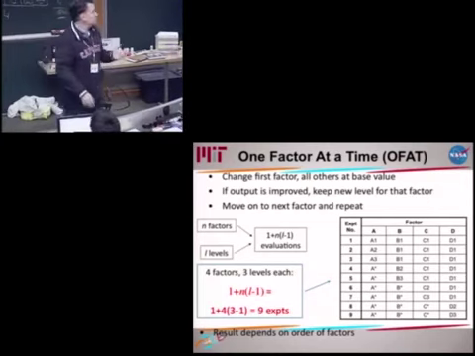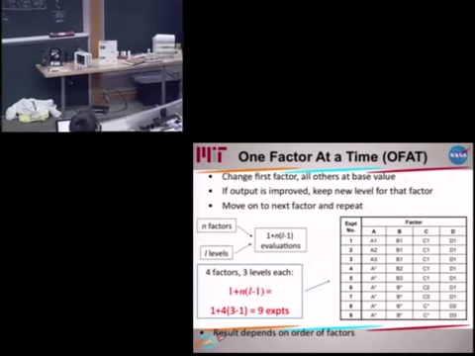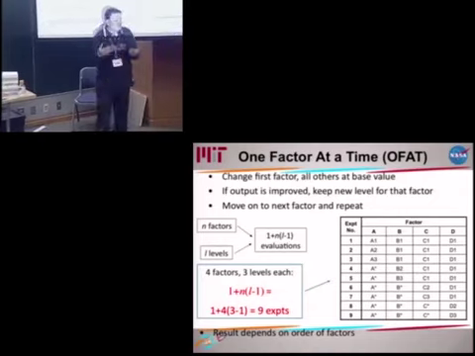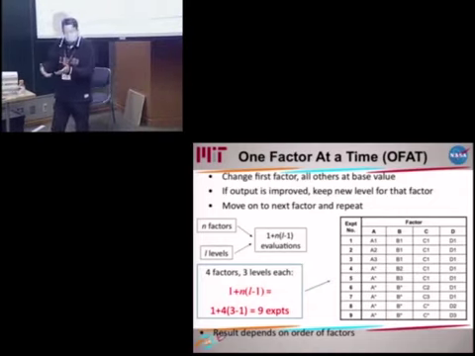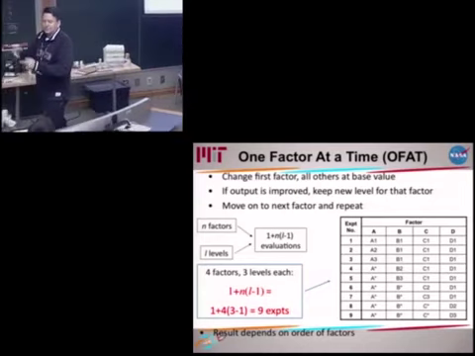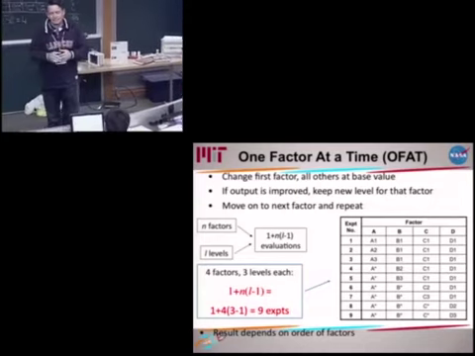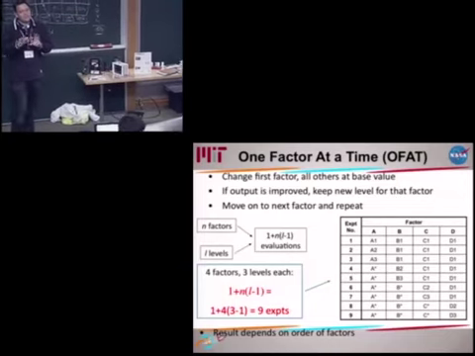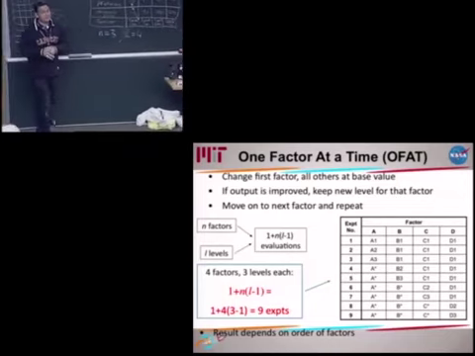But if you started with A3, B3, C3, D3 as your initial point, and then you did OFAT, one factor at a time, you may end up with a different, quote, optimal design. It's not really optimal, but a different best design. So OFAT is very powerful, but it depends.